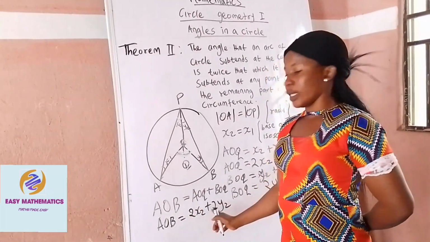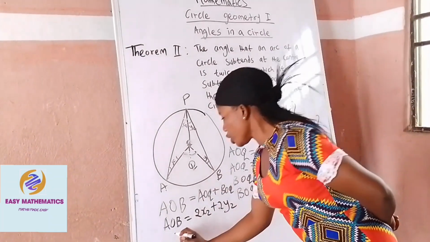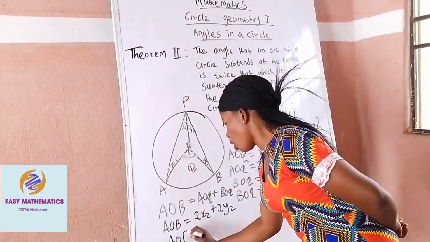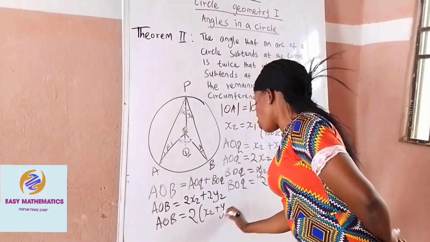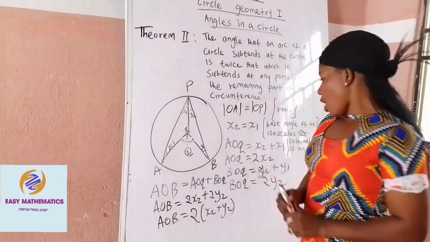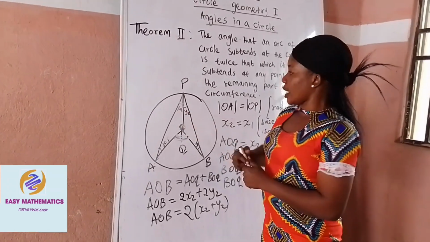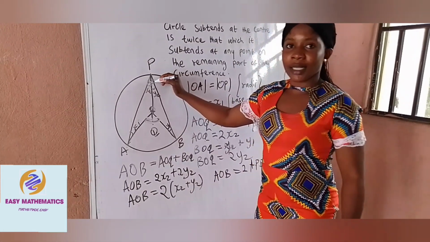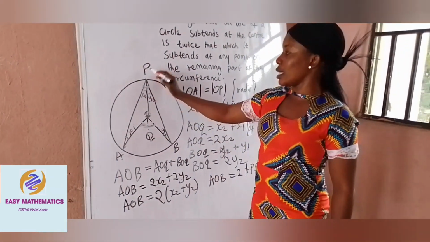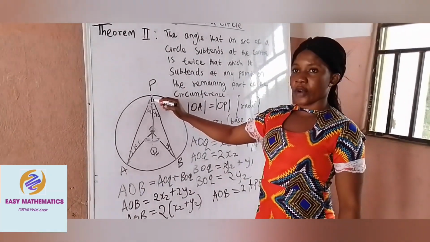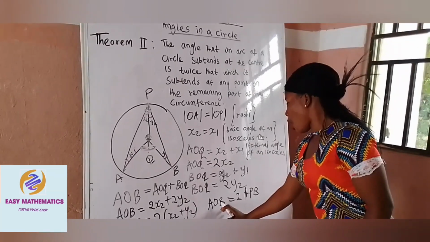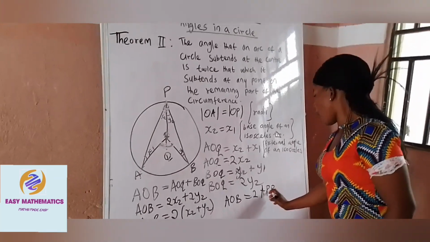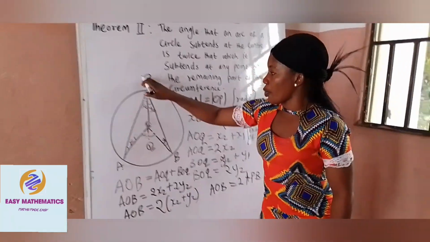Something is common here, which is 2. So AOB is equal to 2 bracket S2 plus Y2. Now, S2 plus Y2 is the angle subtended at the point on the circumference, this angle here. So we simply say AOB is equal to 2 times angle APB.